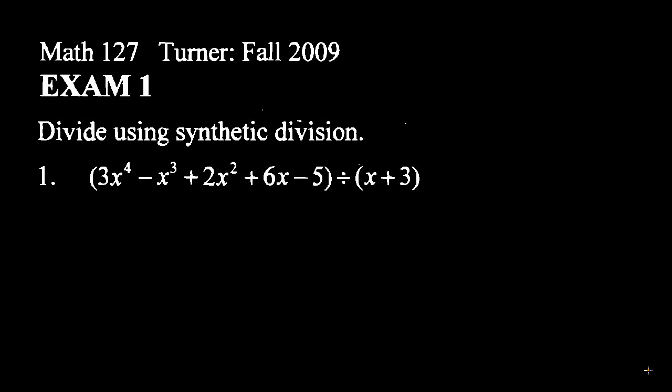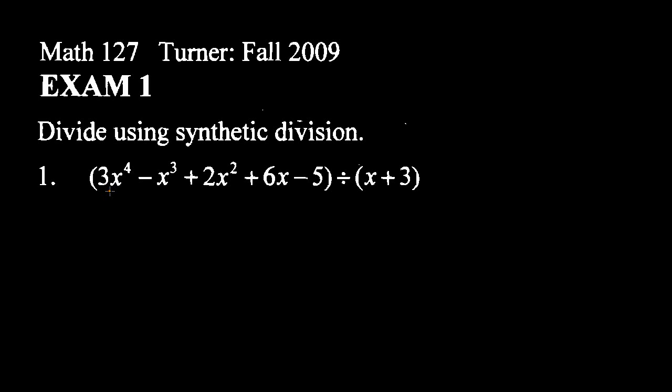Okay, what's the first problem? I'm to divide using synthetic division. Okay, first thing to check is your dividend and your divisor and make sure they're in descending degree. Okay, so let me check.